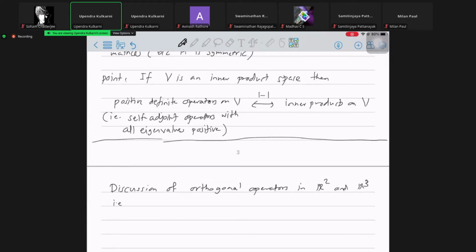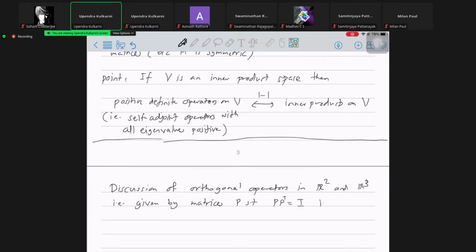I.e., given by matrices, let's say P such that P P transpose is equal to identity. So in R2, what are all such operators? Rotations about the origin and reflections about lines through the origin. Correct. So let's try to prove this.